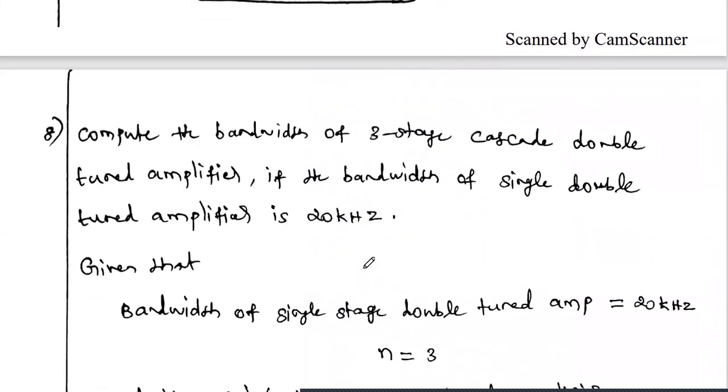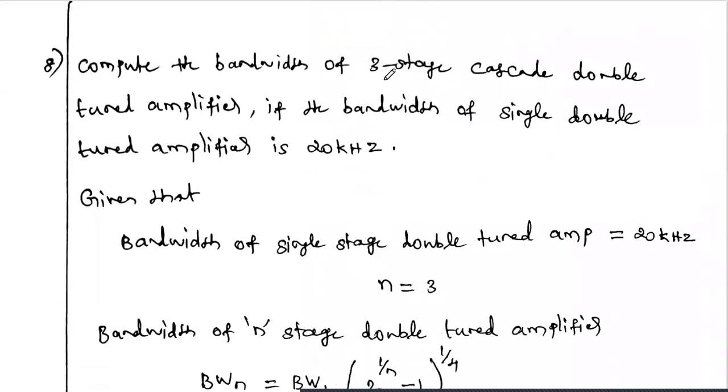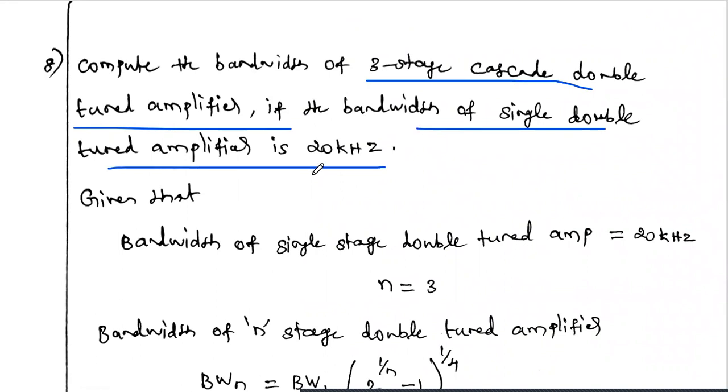Then the next question: compute the bandwidth of a three-stage cascade double-tuned amplifier. Here three identical double-tuned amplifiers are connected in cascade, and the bandwidth of a single double-tuned amplifier is 20 kilohertz.